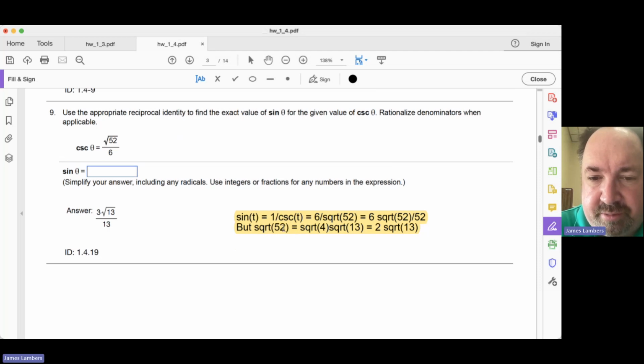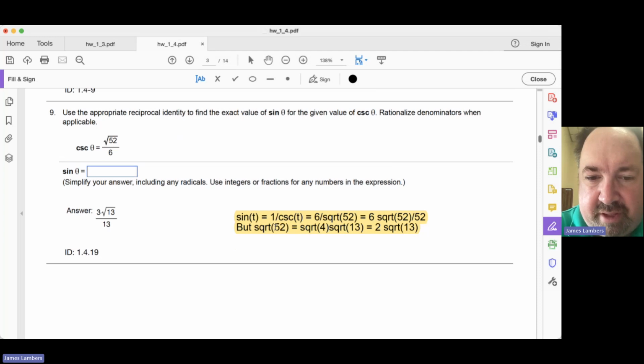So square root of 52, if I break 52 down into 4 and 13, well, square root of 4 simplifies to 2. So now what I have is 12 times square root of 13 over 52. And 12 over 52 can be put in lowest terms. If you divide the numerator and denominator by 4, then you get this answer, 3 root 13 over 13.